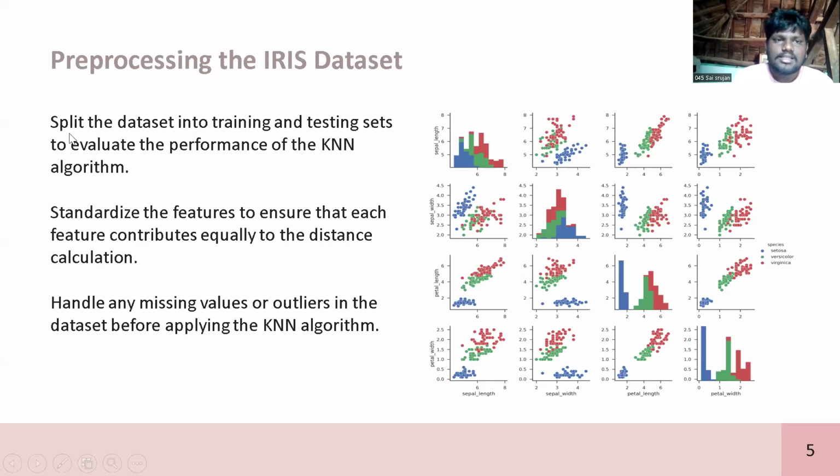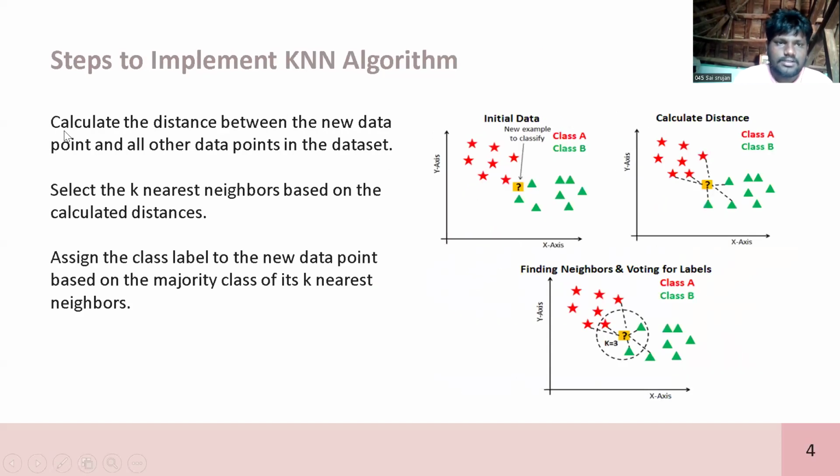Pre-processing the dataset. Steps to implement KNN: calculate the distance between the new data point and all the other data points in the dataset. Select the K nearest neighbors based on the calculated distance and assign the class to the new data point based on the majority class of its neighbors.